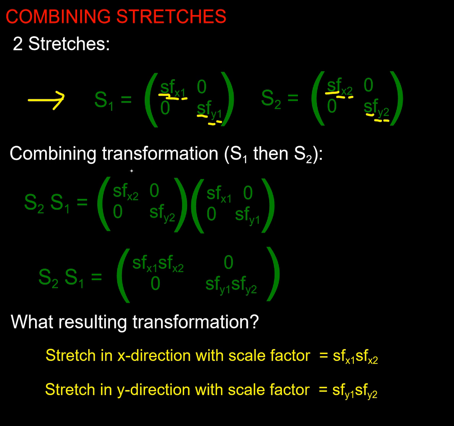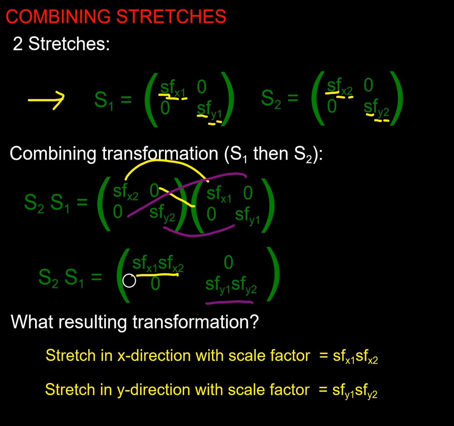Well, when I multiply these matrices, for the top left I end up multiplying my two scale factors, and I multiply two zeros, don't I? So my top left becomes the two scale factors in the x direction multiplied together. If I look in the bottom right, I get my 0 times 0, and then I get my scale factor times scale factor in the y direction. There we go, that's good.